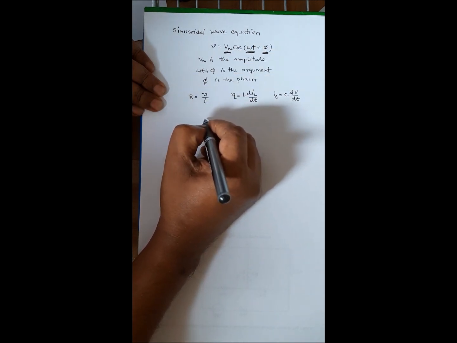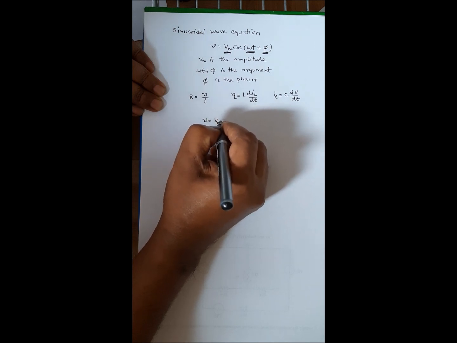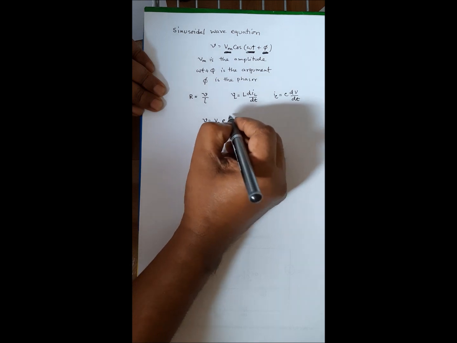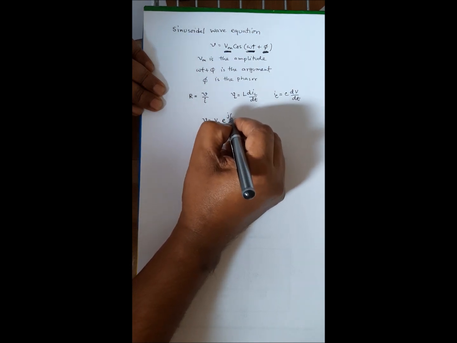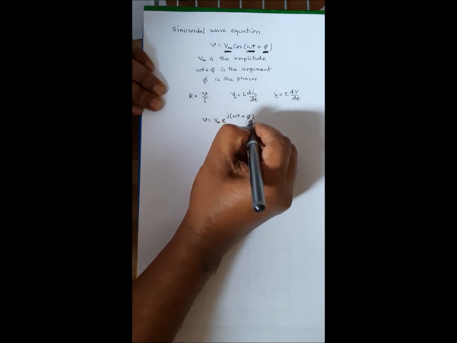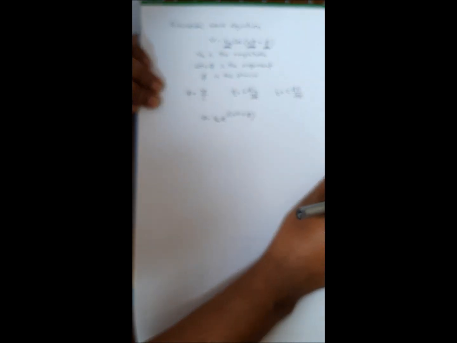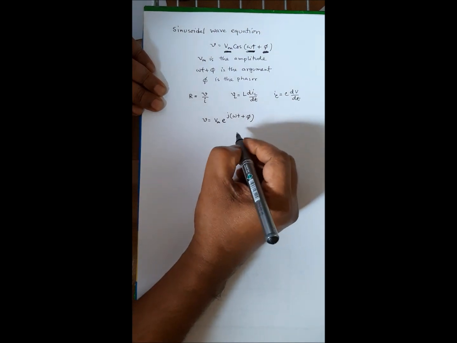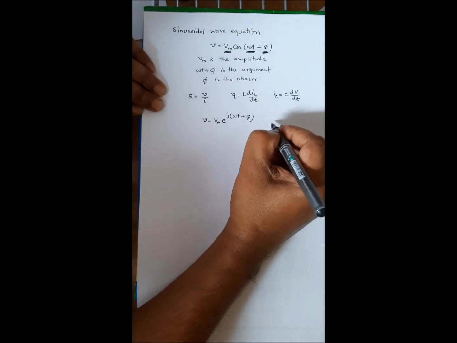So now we will express the sinusoidal wave equation from the time domain. Given in the time domain, we can write it like V equal to Vm e to the power j omega t plus phi, with the help of Euler's formula.